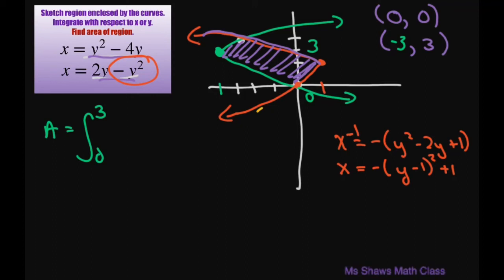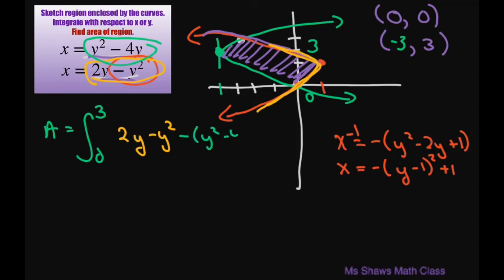So the right part is enclosed by this one. So you write this one first, 2y minus y squared. And then the left side is enclosed by the green one, and the green one is this one. So you're going to subtract y squared minus 4y, and then this is dy.